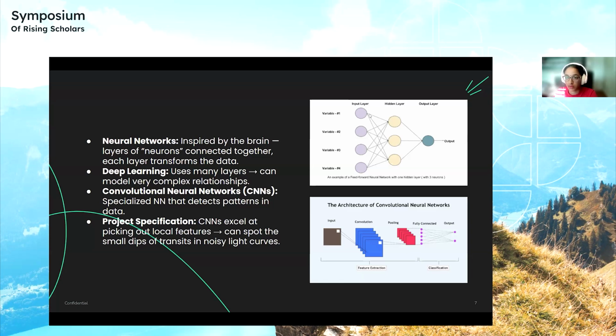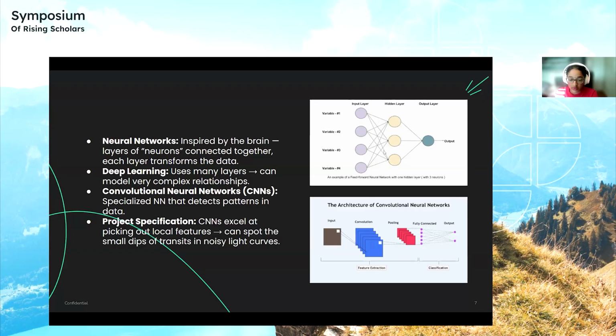So over here, the arrows on the upper diagram represent the layer, and this layer transforms the data to create different parameters, so it transforms from the purple to the yellow.